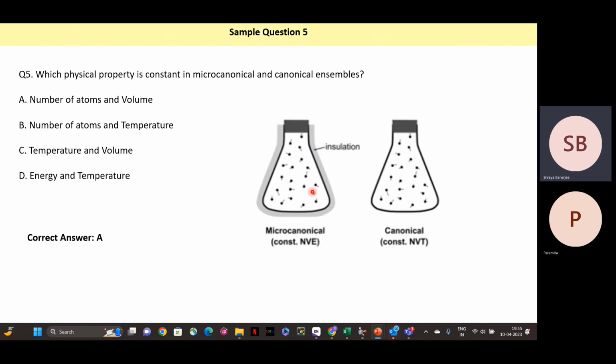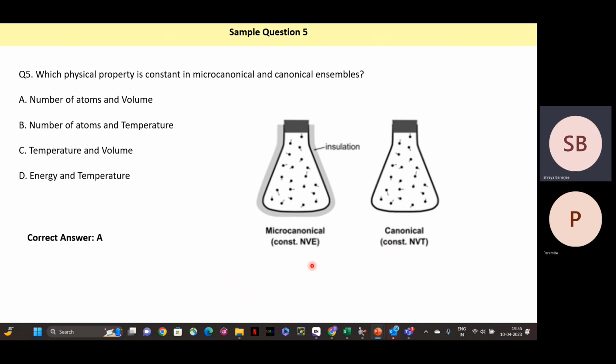If we look at the microcanonical and canonical ensemble, both are sealed, and so the number of atoms and volume is constant. But in microcanonical, there is an insulation, and so there is no energy exchange with the surroundings. So the energy is constant. But in canonical, there is no insulation, so there is energy exchange with the surroundings.